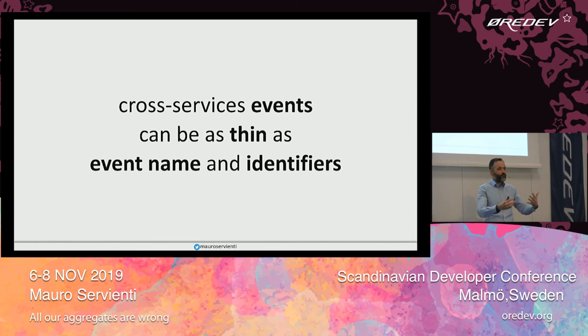What's enough for services to change their state is the semantic meaning of the event, cart expired. That is basically a never-changing thing. The only way it changes is that the business says, well, we don't care anymore about this business scenario. That's it. So the event won't ever be published anymore. And then the cart ID. That's it. That is a primary key that should never change, hopefully. Because if we have primary keys changing, then we have a much bigger problem.